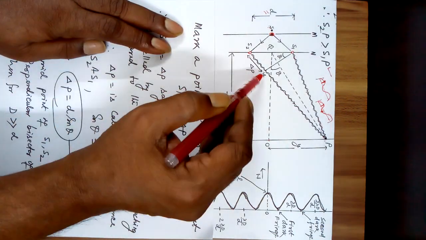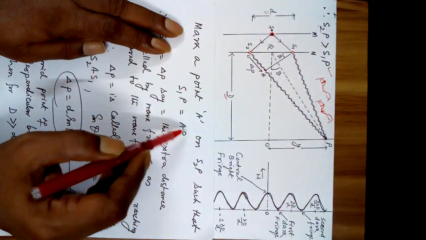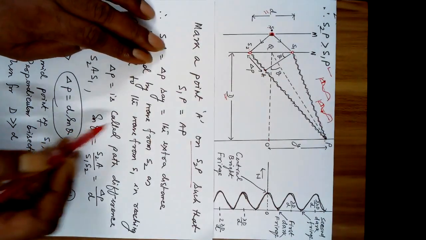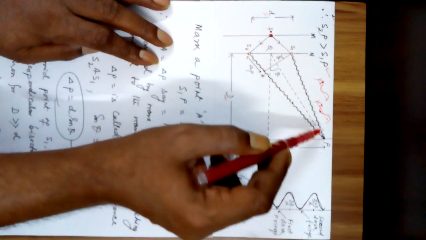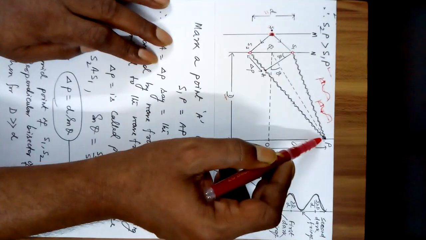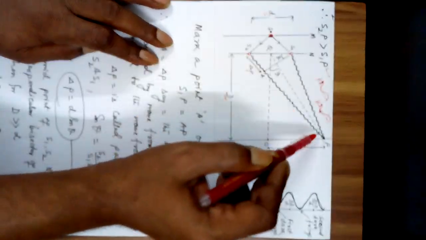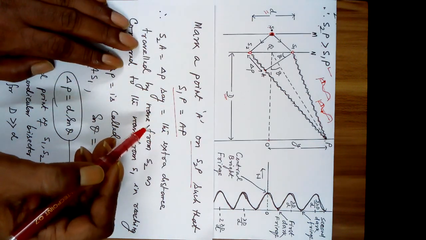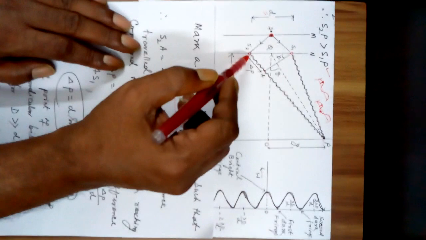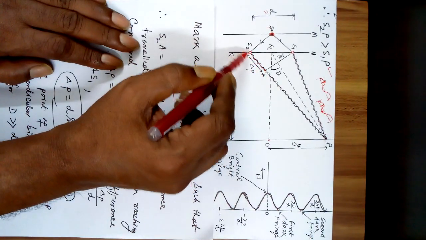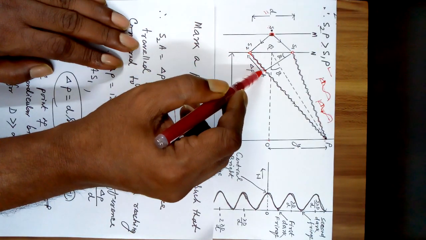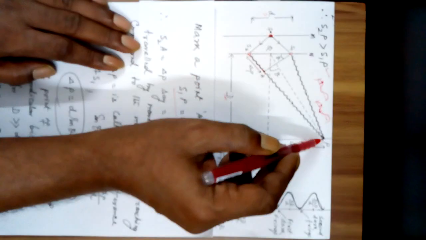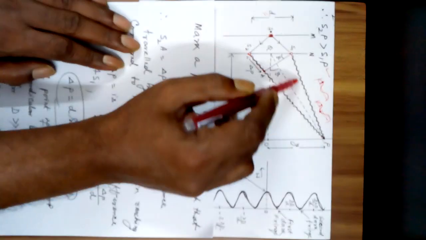Mark a point A on S2P such that the distances S1P and AP are equal. S1P and AP are equal. So by doing so, we conclude that this distance from S2 to A is the extra distance traveled by this wave while arriving at P as compared to this wave.